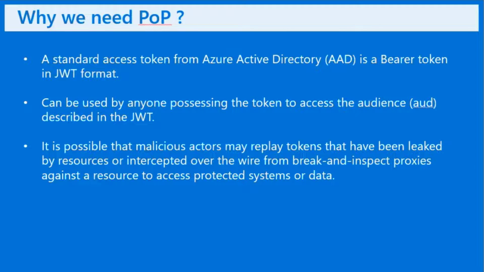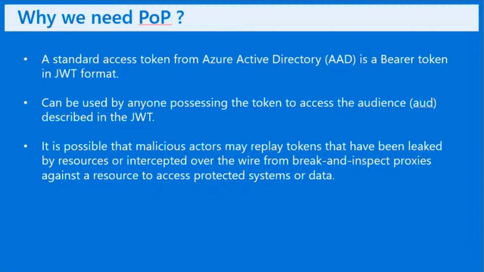And by having proof of possession, we also get to a situation which is better for Microsoft in terms of the cost of running the business, and is also better for you in terms of reliability, which is basically, with proof of possession, we're more comfortable extending the access token lifetime. So default access token lifetime, historically, was an hour.